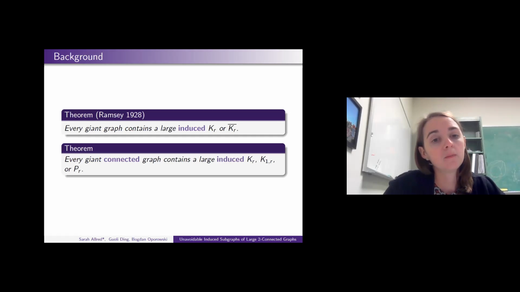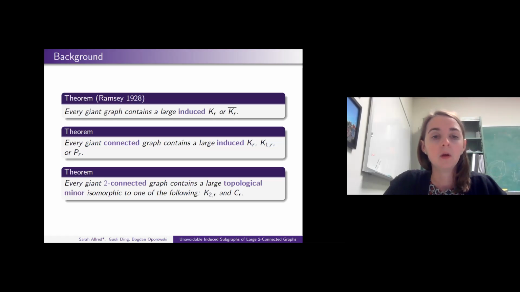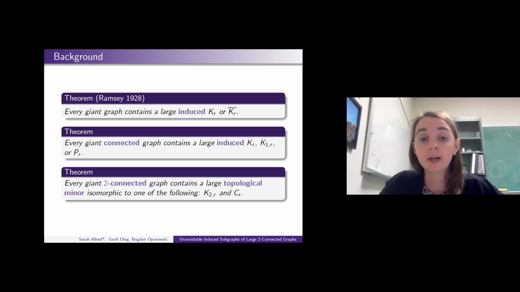All right, so the next step is we move up our connectivity to 2. When the connectivity is moved to 2, we have to weaken the relationship to topological minors. So every giant 2-connected graph contains a large topological minor isomorphic to K_2,r or a cycle.